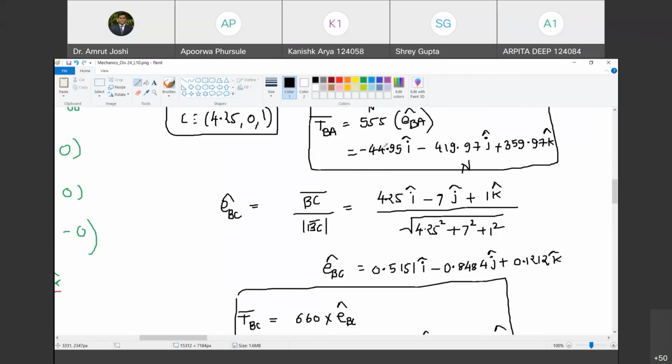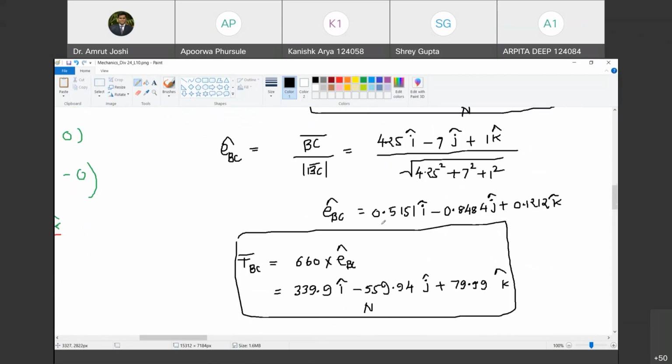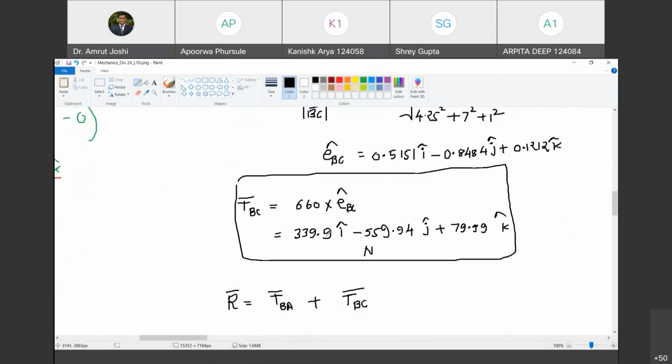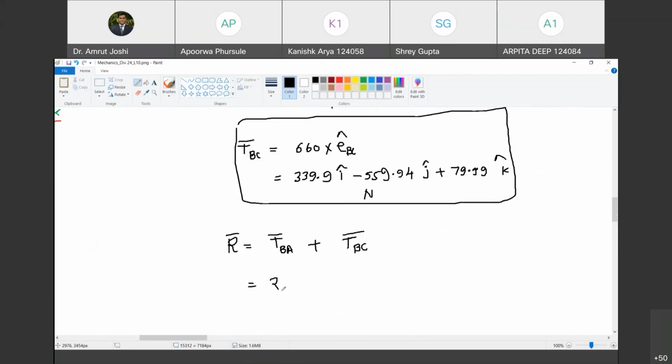So look at TBA bar. What is TBA bar's I cap coefficient? Minus 45.95. So can you tell me how much is minus 45.95 plus 339.9? That turns out to 293.95, right? 293.95 I cap.